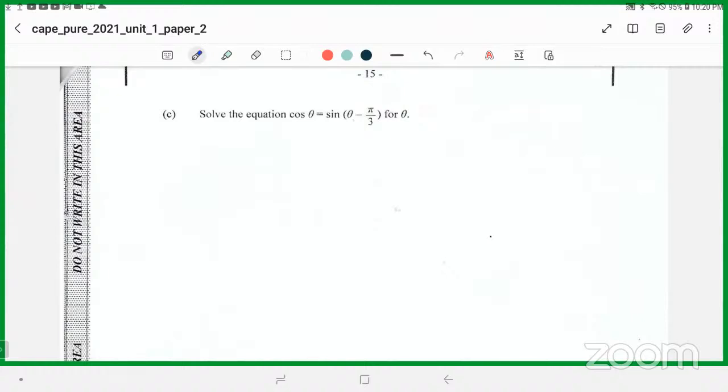So I'm going to use a method first where I expand out this compound angle, and I'm going to look to use another method afterwards and see if we get the same answer. I'm thinking of writing this cos theta as the sine of pi by 2 minus theta. If I do that, it will be equal to the sine of theta minus pi by 3.